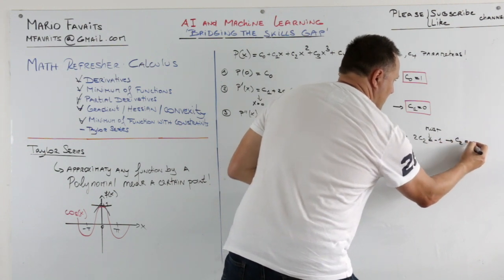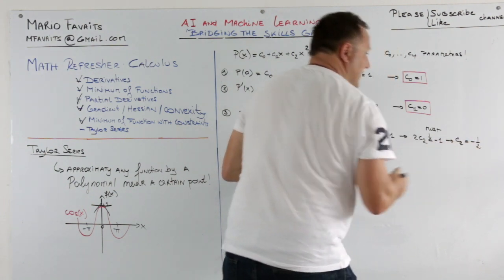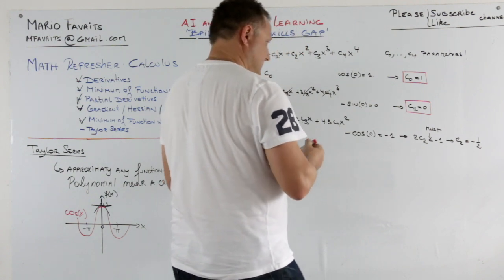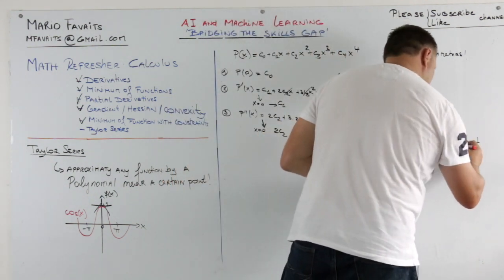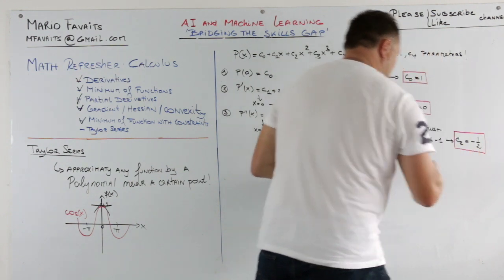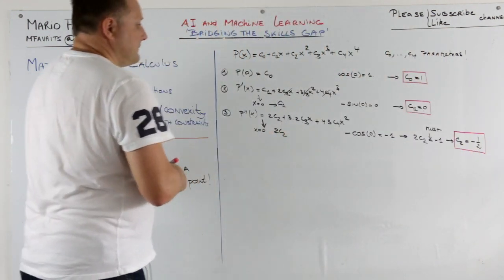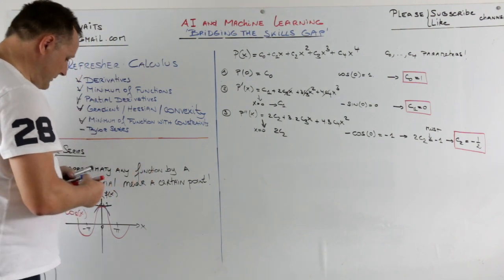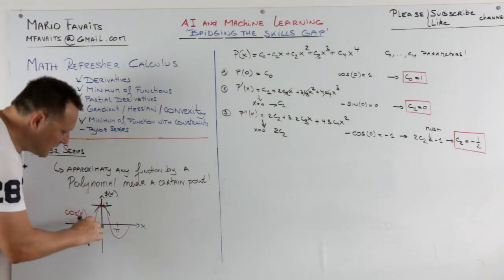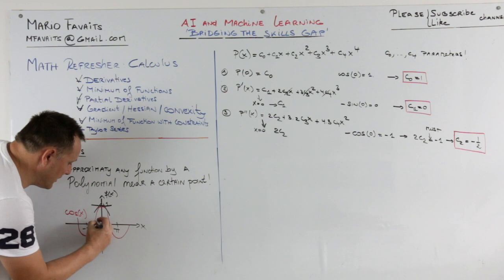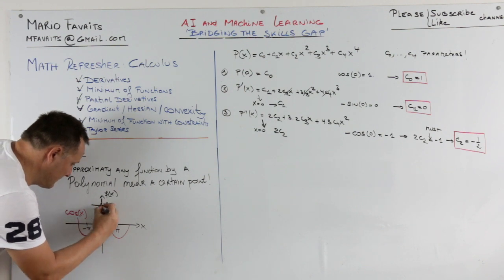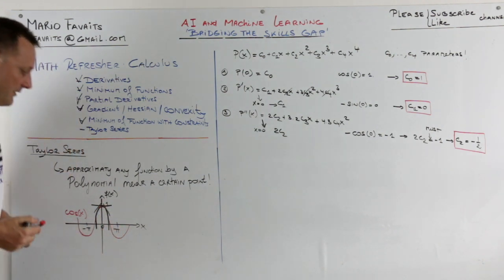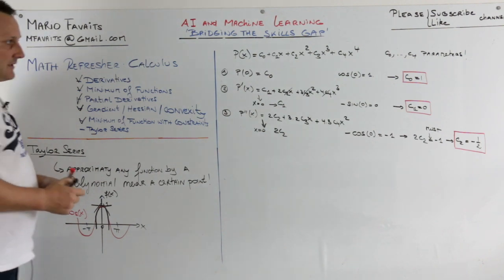So C2 equals minus a half. So here we make sure that the second order derivative matches. The second order derivative makes sure that the curvature of these two functions is roughly the same.